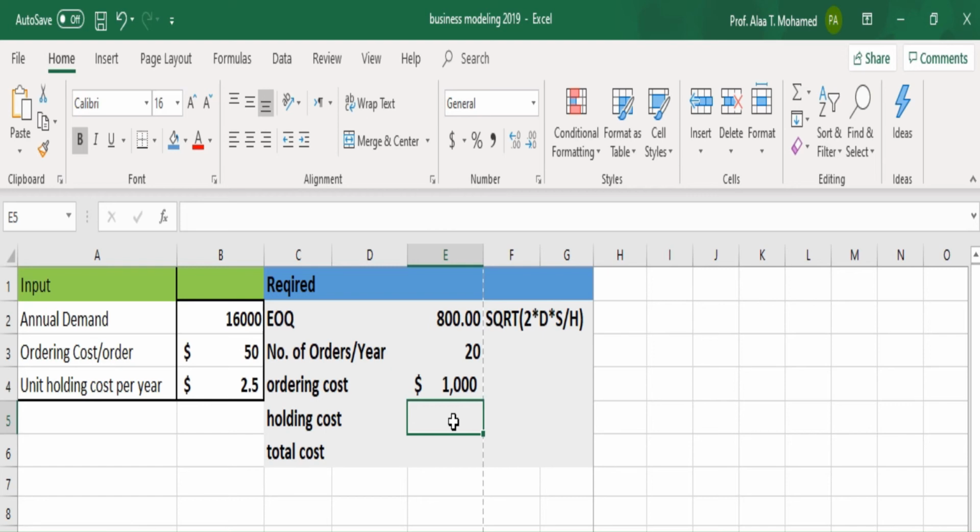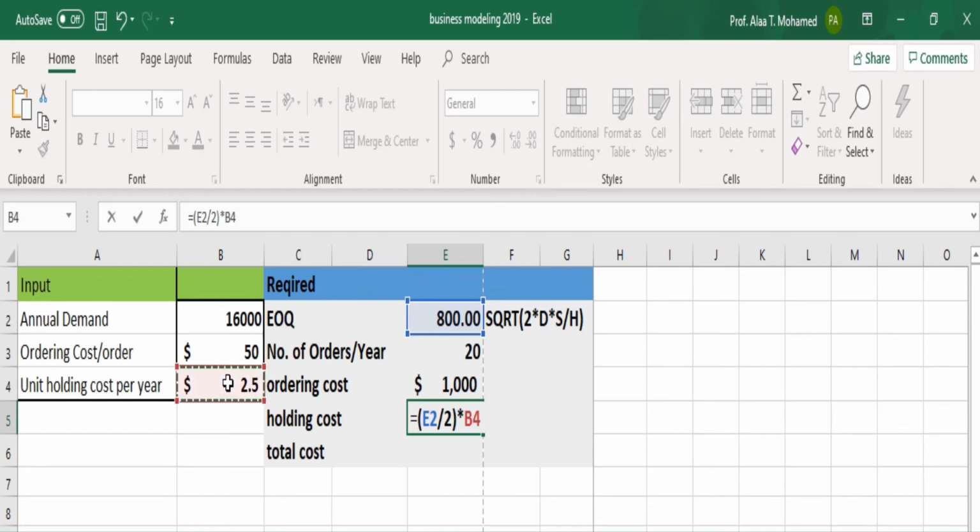So what we have now is to have the average of the quantity. So if you want to calculate the holding cost, you need to have first the average of the quantity. The average of the quantity means the average of the 800 units, and you need the average means that you divide by 2, and after dividing by 2 mean this is the average, you multiply by the holding cost per unit per year, which is 2.5.